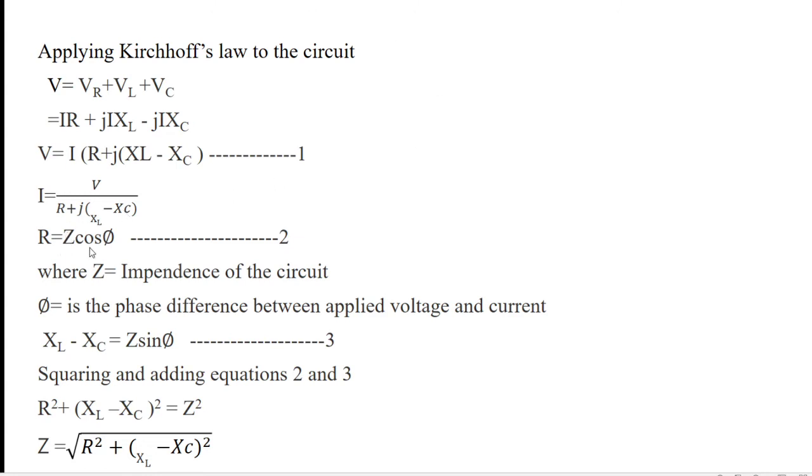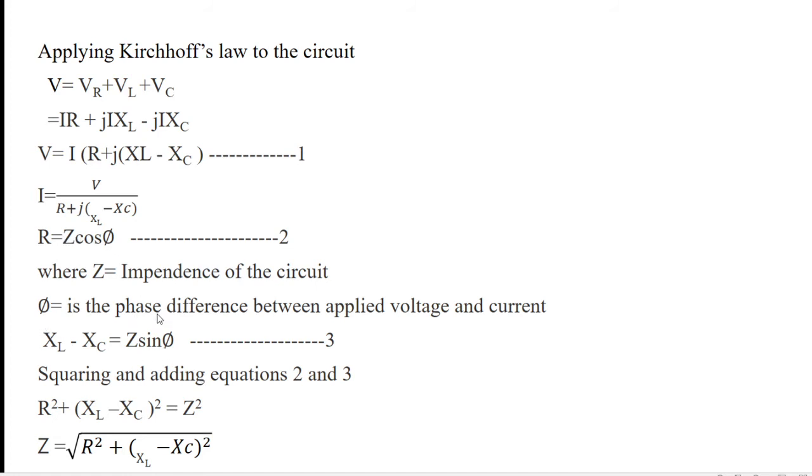If you put R is equal to Z cos phi, where Z is the impedance of the circuit and phi is the phase difference between applied voltage and current, and put XL minus XC is equal to Z sin phi, call it equation number 3. Squaring and adding equations 2 and 3: squaring equation 2, we get R square is equal to Z square cos square phi.